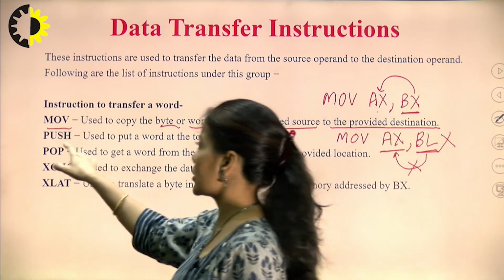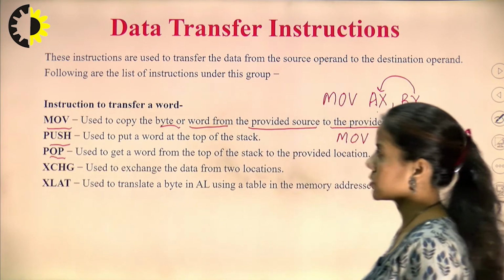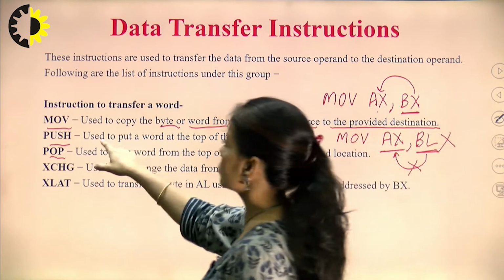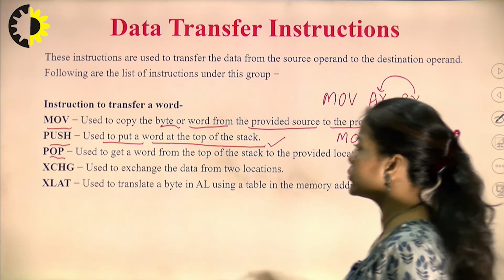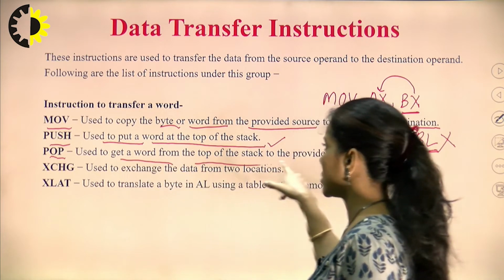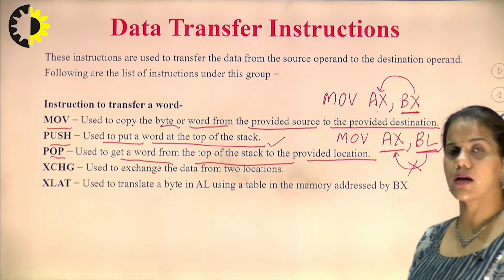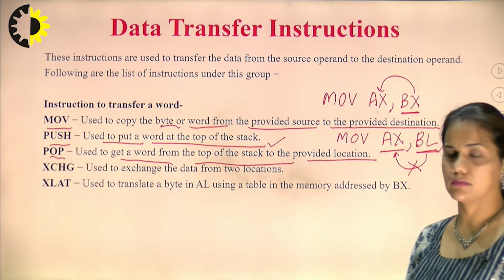The next instructions in this category are PUSH and POP. Push and pop are the instructions which are used in stack operations. The PUSH instruction is used to put a word at the top of the stack, and POP is used to get a word from the top of the stack to the provided location. So these two instructions are used to load or unload the stack.